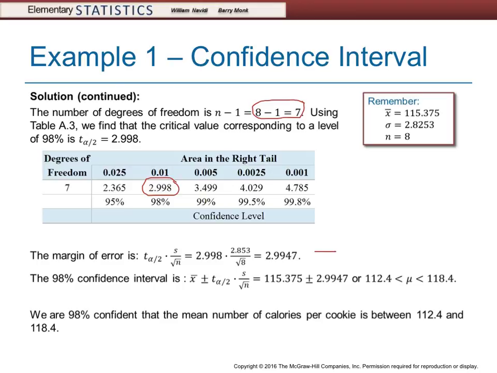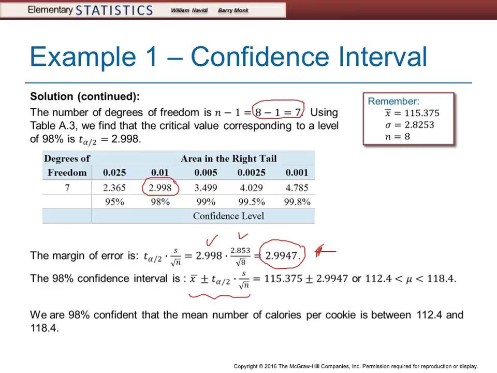The margin of error is going to be the critical value 2.998 times the standard error, which is the sample standard deviation divided by the square root of the sample size, which is 8. The number that we end up coming up with is 2.9947.